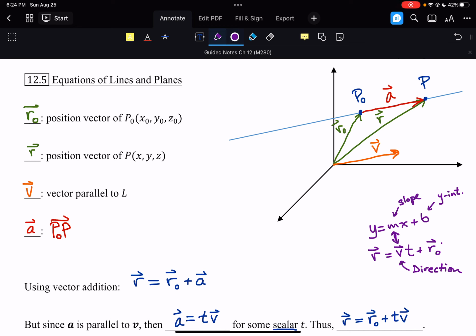And then this r naught over here, like the y-intercept back in algebra, it's the vertical intercept. We use it as kind of like a starting point or an initial value. That's what r naught is. So r naught is just the vector that points to p naught. That says when you're tracing the line, start here and go that direction. So this is like our initial value.